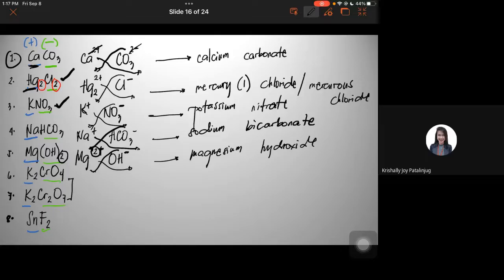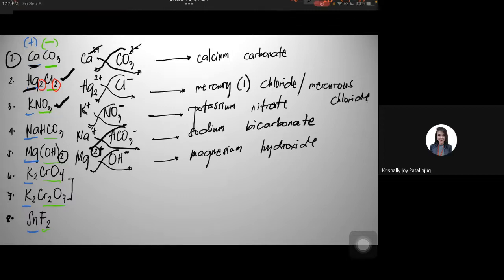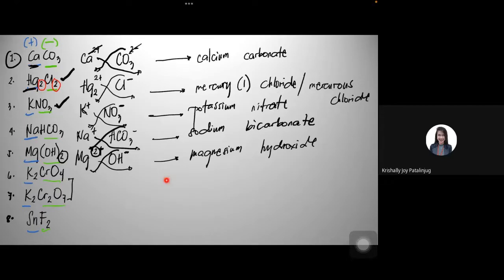Both carry the potassium ion, and then the chromate here is for number 6, CrO4 2 negative. That's chromate, which is different from dichromate. So this is potassium chromate.